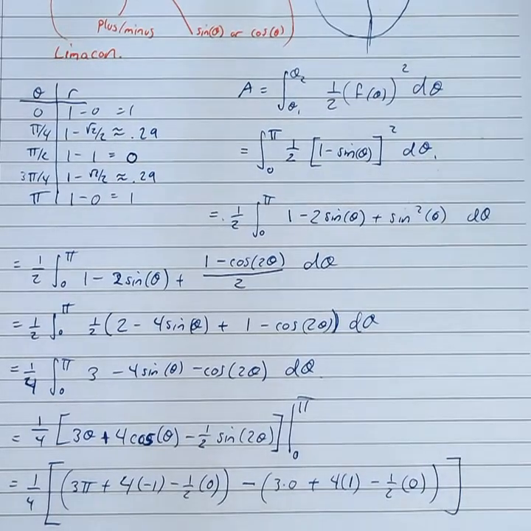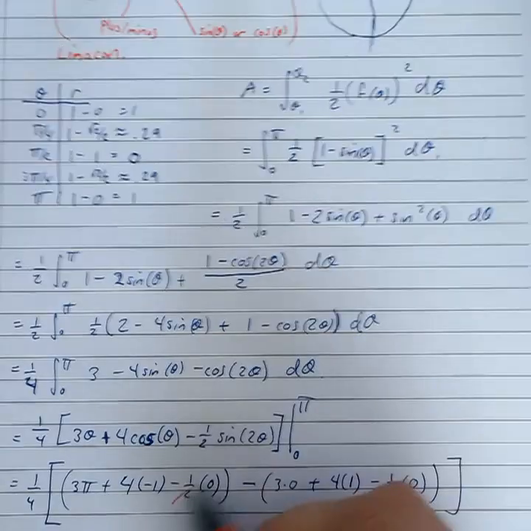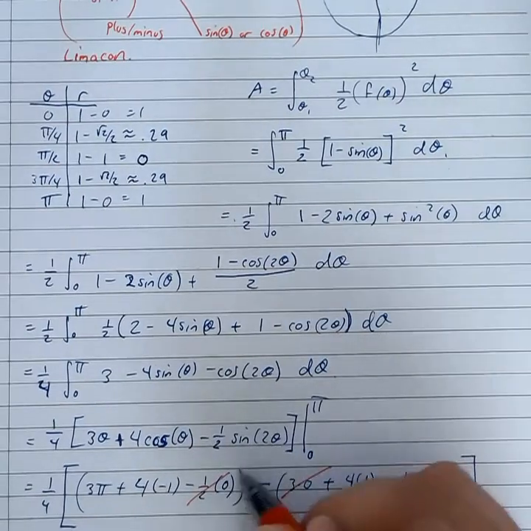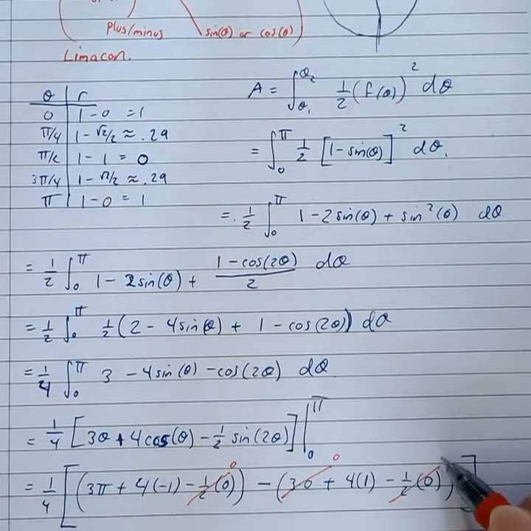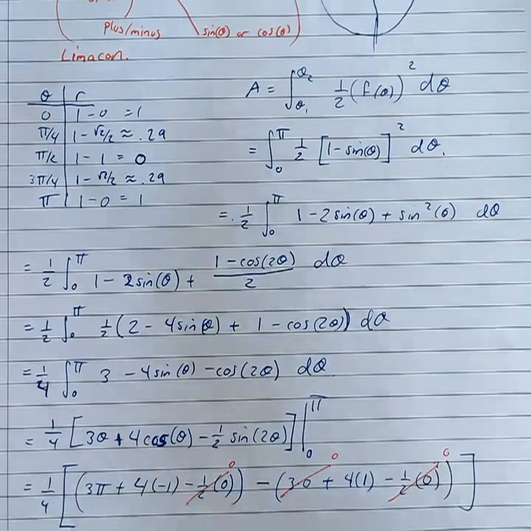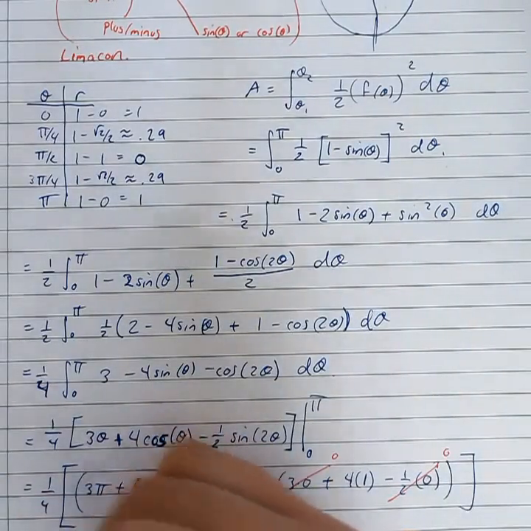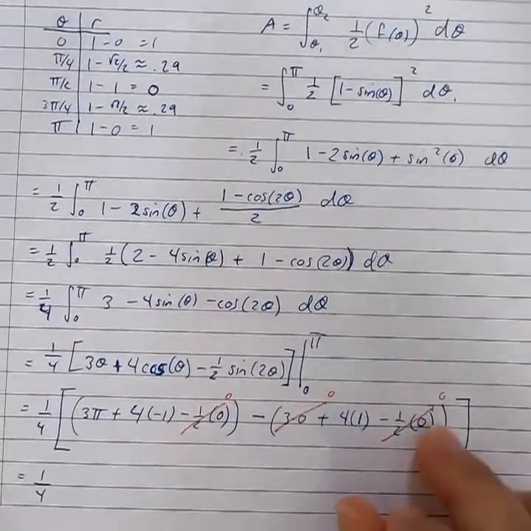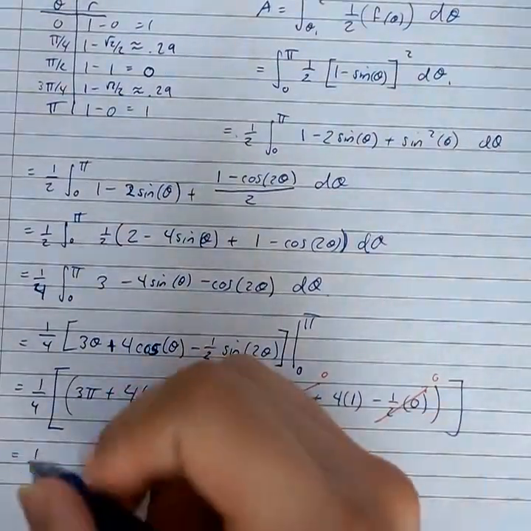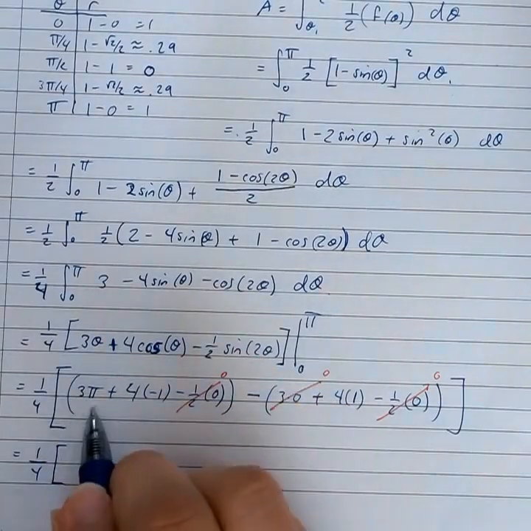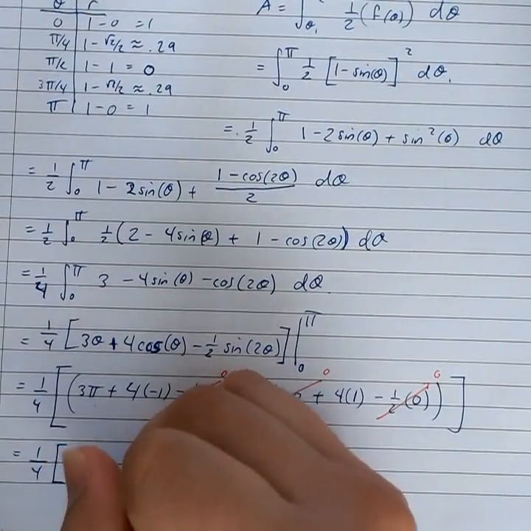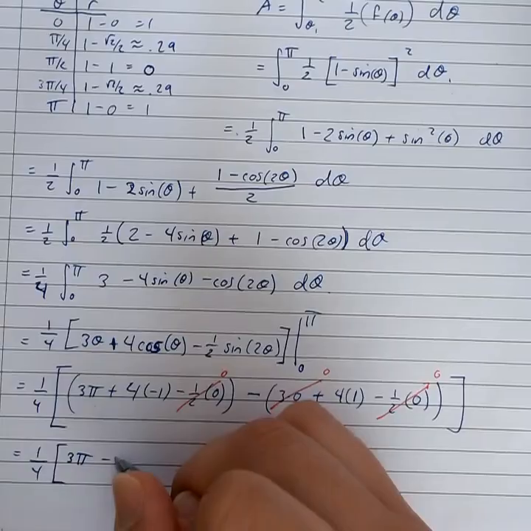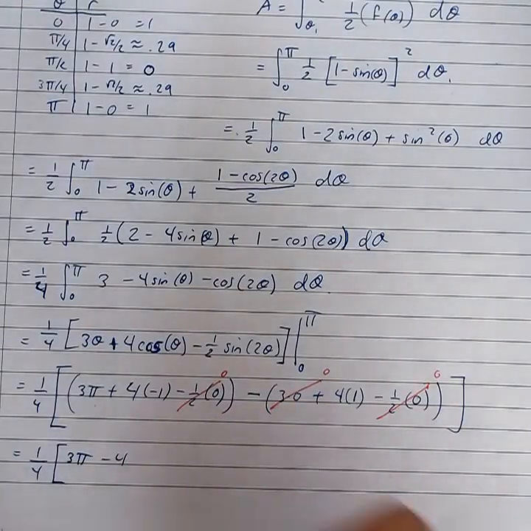Like that. Here a few things go away. Anything that's being multiplied by 0 is just 0, so let's not worry about those. So that's going to give us 1/4 times, let's see what's left. We have 3 pi. We have -4. And then we have another -4.